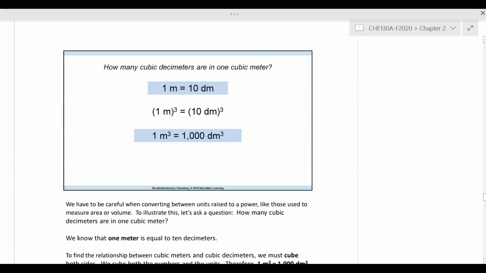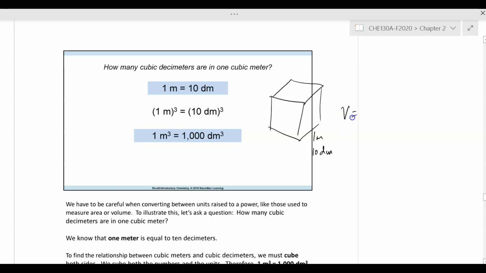So we talked about a cubic decimeter being the same as a liter. So we can calculate here that a cubic decimeter, if you think about our imaginary cube, if each side of this cube is 1 meter, well, that's 10 decimeters because 1 decimeter is a tenth of a meter.